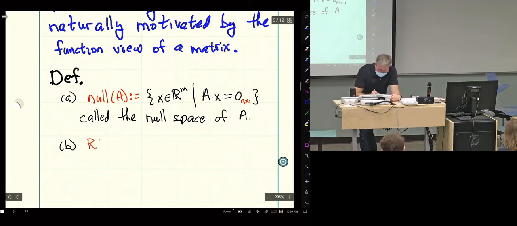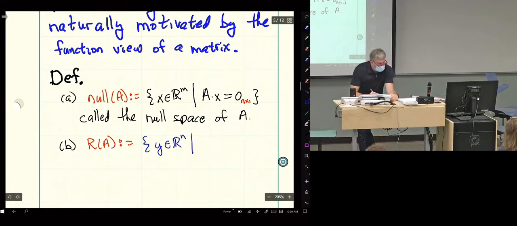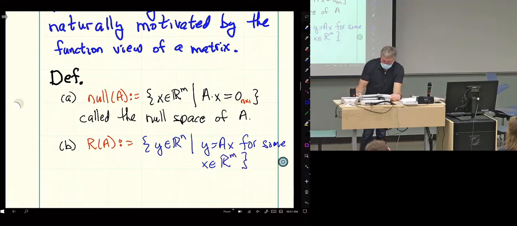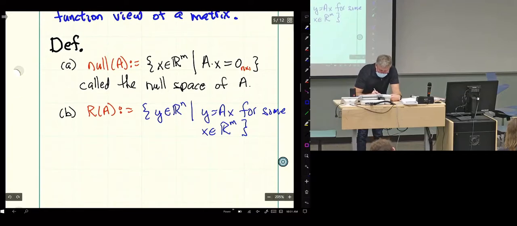And then R of A, this is all the points in Rn such that y equals Ax for some x in Rm. And this is called the range of the matrix.